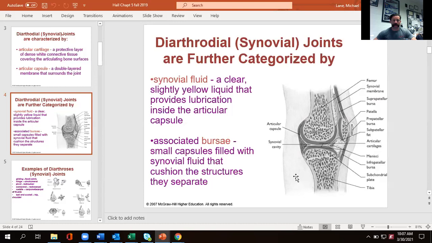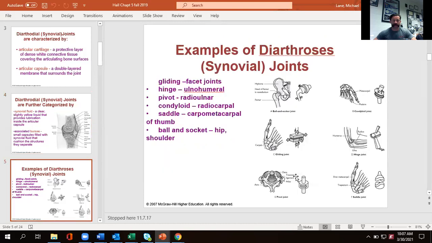So there are a lot of different types of synovial joints. We have gliding, which is our facet joint, so we're talking about the posterior aspect of our vertebra. We then have hinge, so we're talking about the elbow.